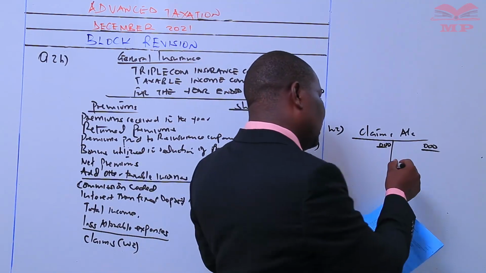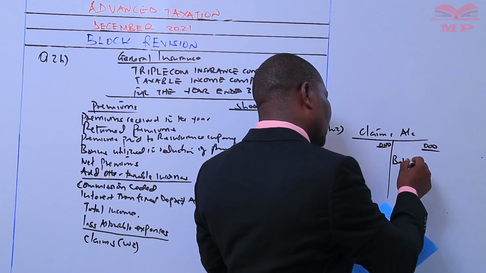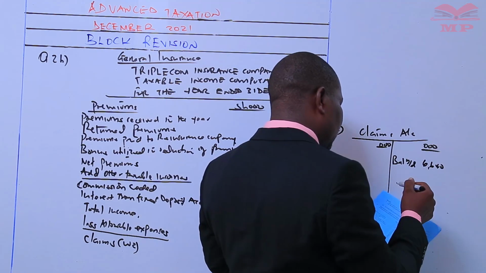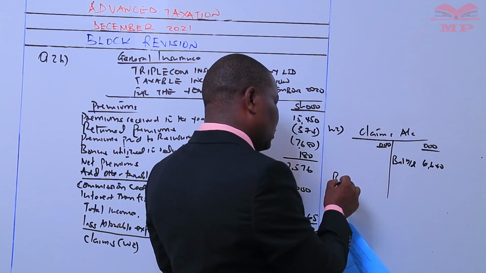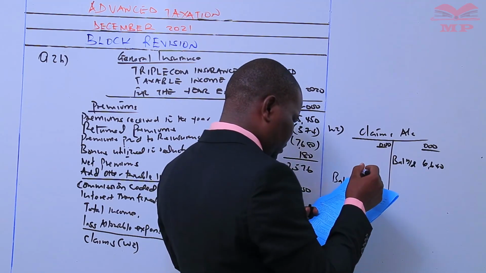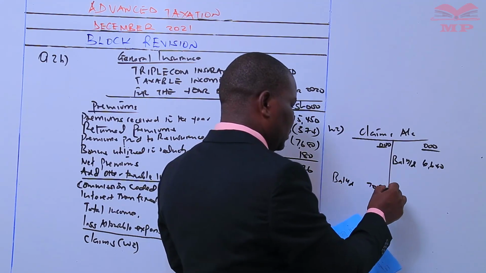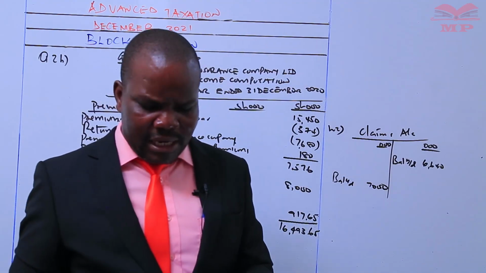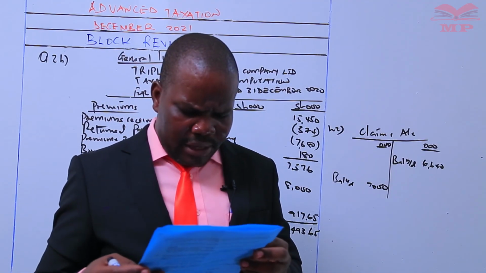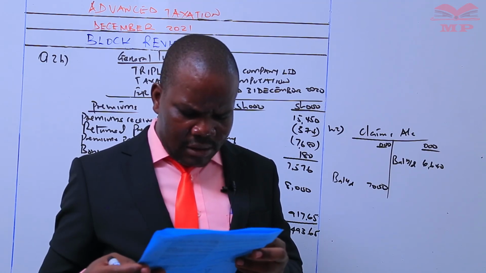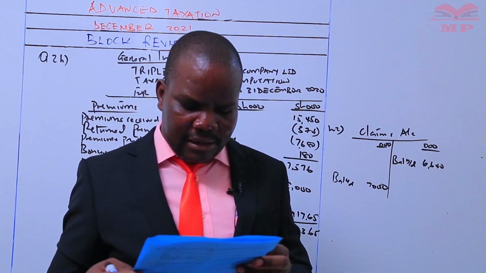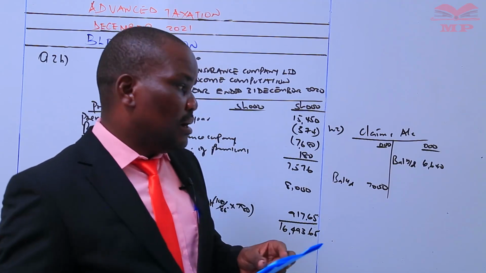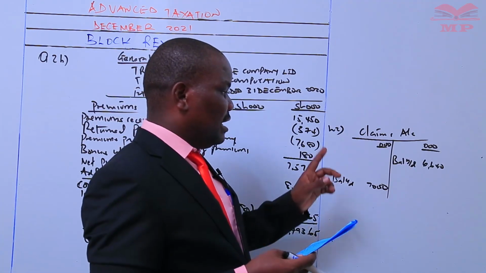So we write here, balance brought down 6,640. Balance carried down is 7 million shillings. Then you look for any other items affecting the claims account. Back to the list provided, we have claims paid in the year of 9.8 million shillings.